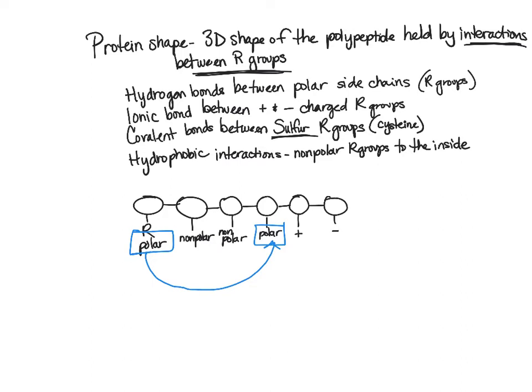And then similarly, these two nonpolar ones are going to try to sequester themselves inside of the protein so they can be far away from the water. And then, of course, these guys are going to have, let's say, an ionic bond between them where they're going to gain and lose electrons, and then they're going to sit right next to each other and stay very close because they have that positive and negative charge.